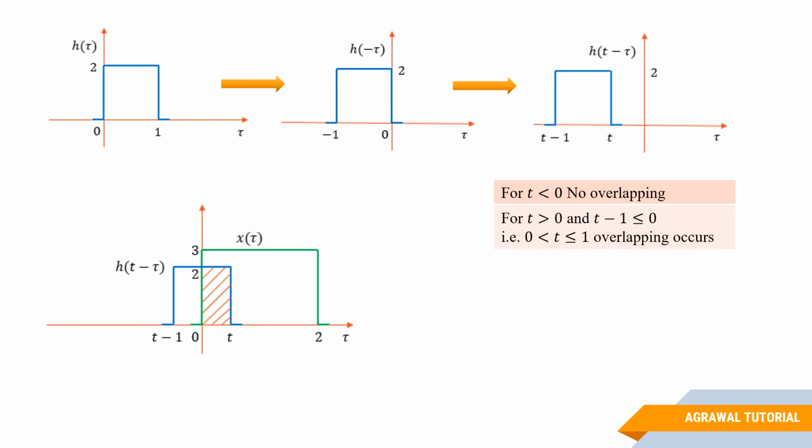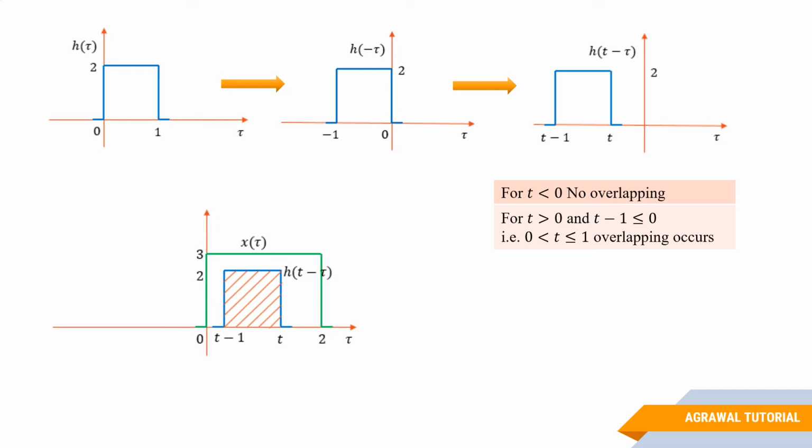Okay, now let us further move the signal h of t minus tau closer such that t is less than 2 and t minus 1 is greater than or equal to 0. So, in this region also overlapping occurs.